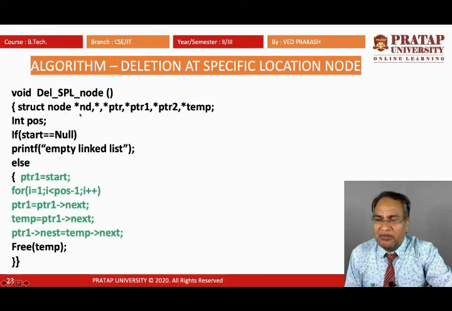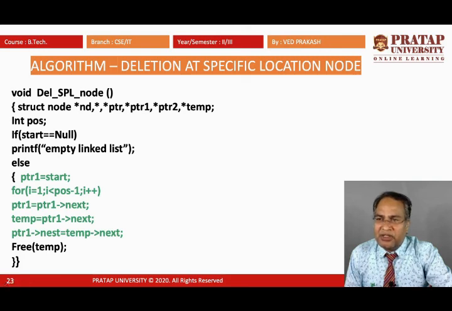In this algorithm, we use the start pointer, PTR1 pointer, PTR2 pointer, and temp pointer. And we use an integer type variable, pos.